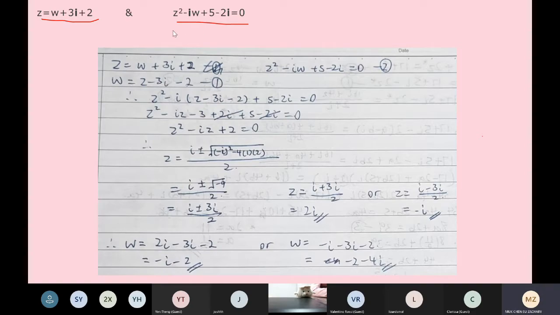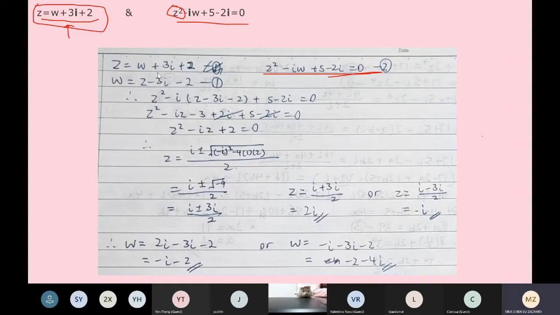Okay. The question is nice to you in the sense that they have already made this part of the equation very straightforward. Okay. So all you gotta do now is, to make your life easier, you always avoid substituting into the square root, because why would you make your life hard? So what you do is you manipulate this equation, and then you make w the subject, and then you sub whatever w is back into equation 2 over here.